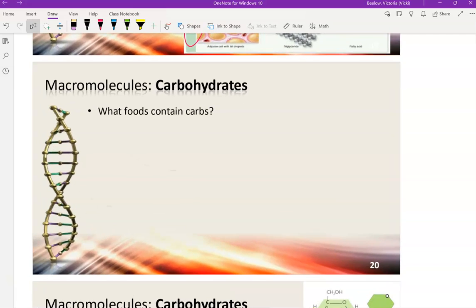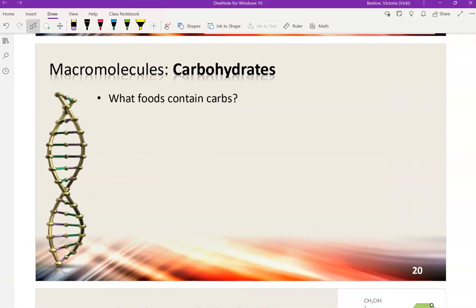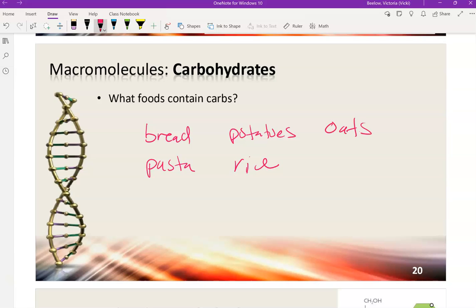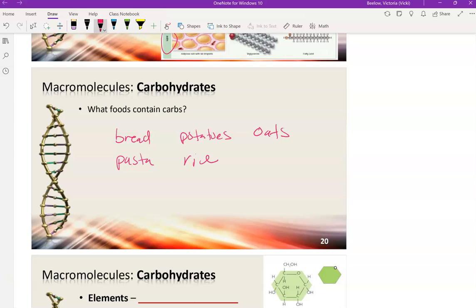So we're going to start with carbohydrates. What foods contain carbs? Some of the first things that might come to mind are bread, pasta, maybe potatoes, rice, things like oats. These things typically contain carbohydrates, or they're high in carbs.